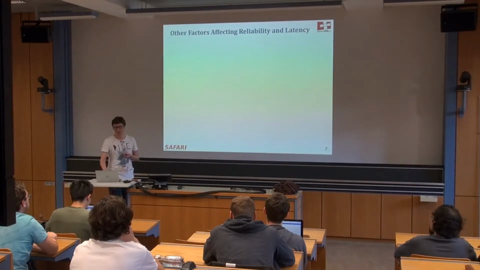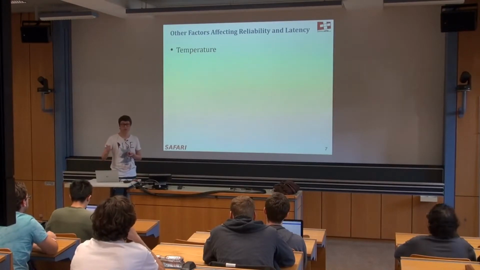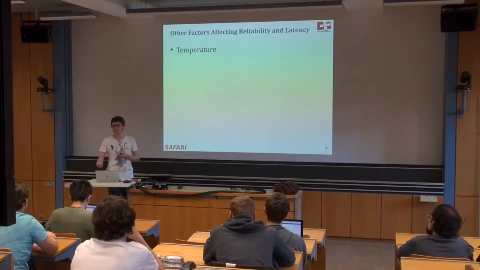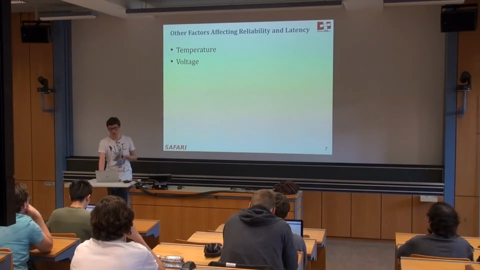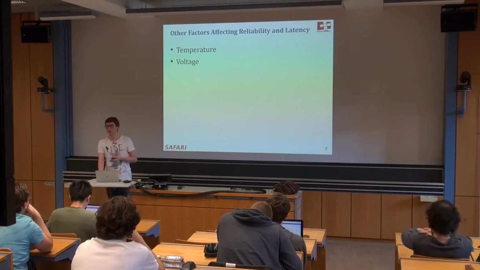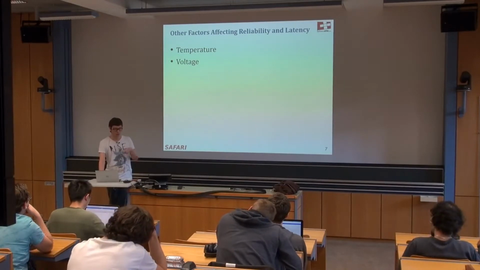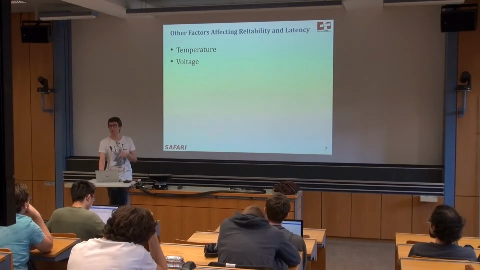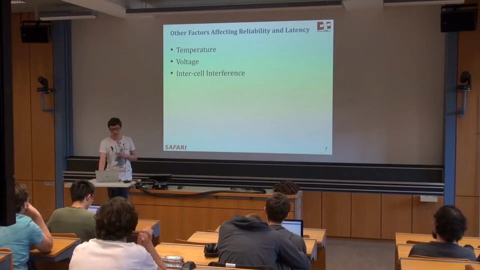Other factors affecting reliability and latency are temperature. If you increase the temperature, cells leak more charge. Similar observations for voltage. If you play with voltage, it changes the cell leakage characteristics, and also it changes the characteristics of charge movement, so it also affects your reliability.